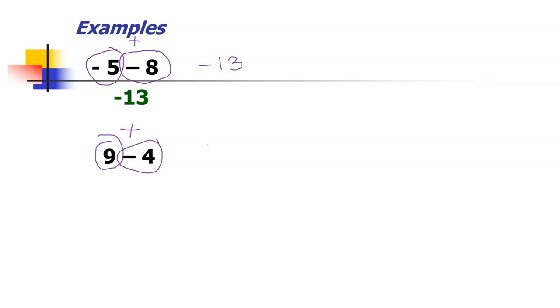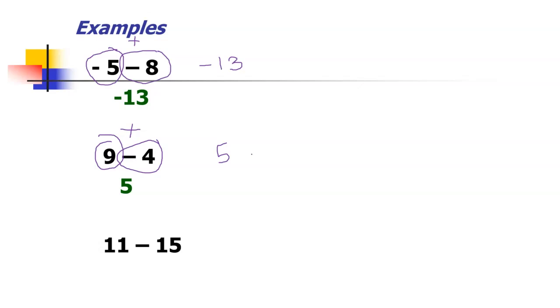So with 9 and -4, two numbers with different signs, you subtract, which gives you 5. 9 is the bigger number in terms of absolute value, so the answer stays +5. So 9 minus 4 is 5. If you look at this as 9 plus -4, it will give you the same result of 5.